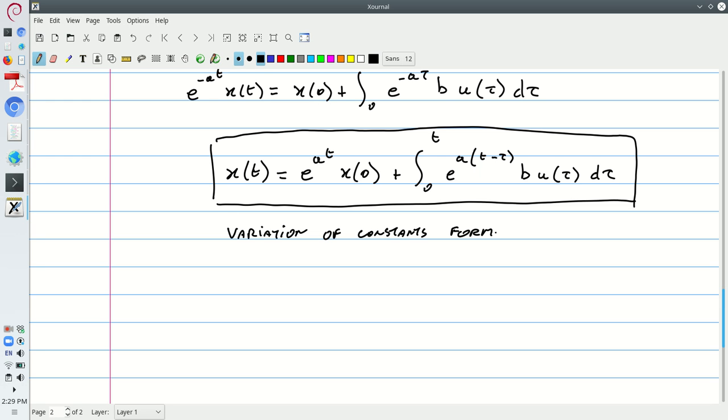Remember this because, as a side note, this is going to work also for systems of higher order.